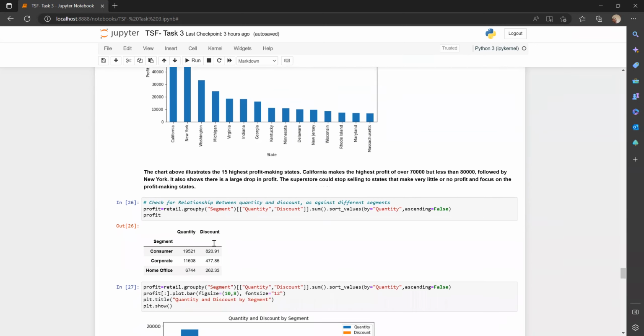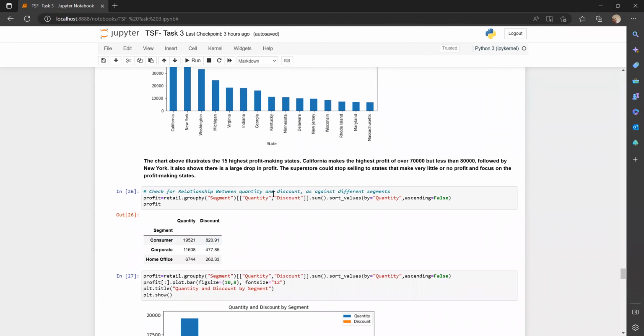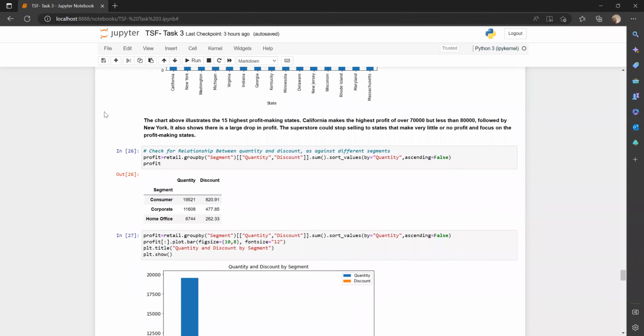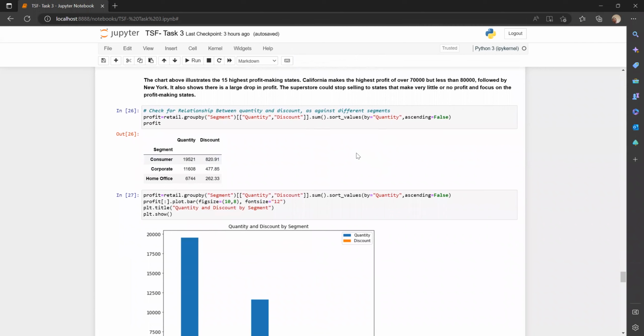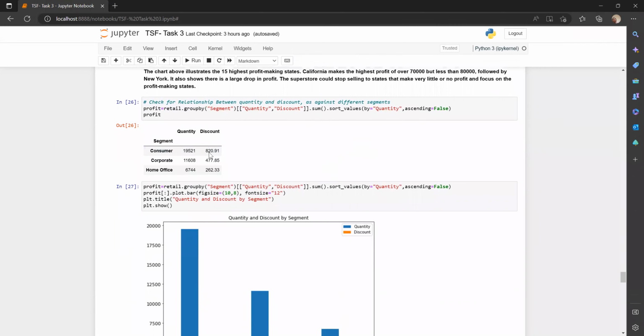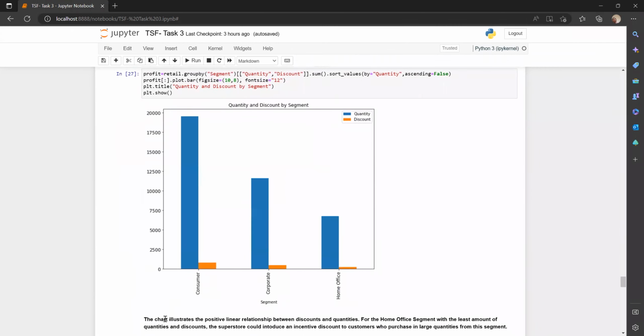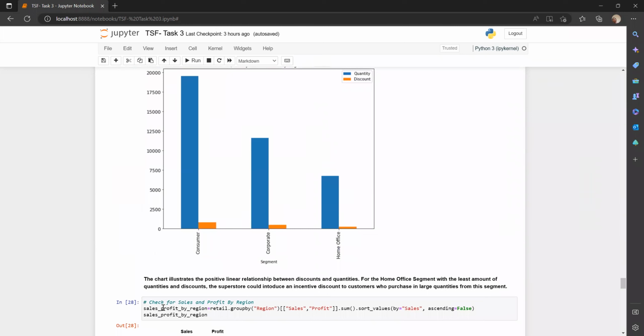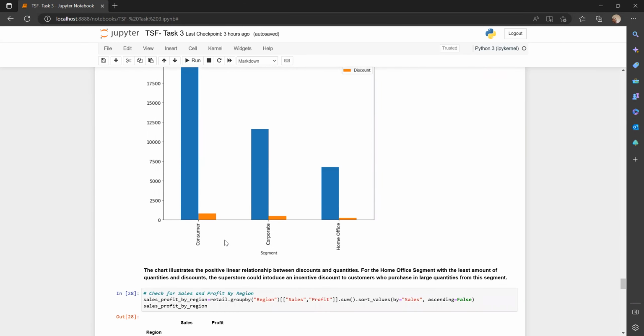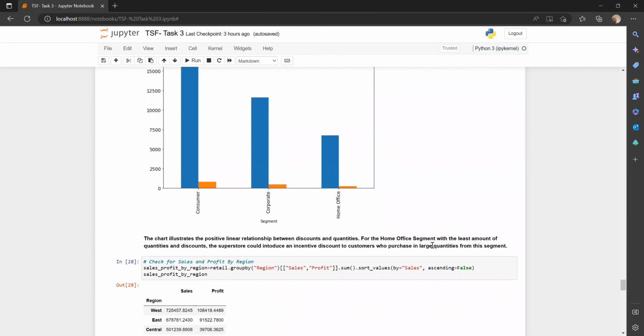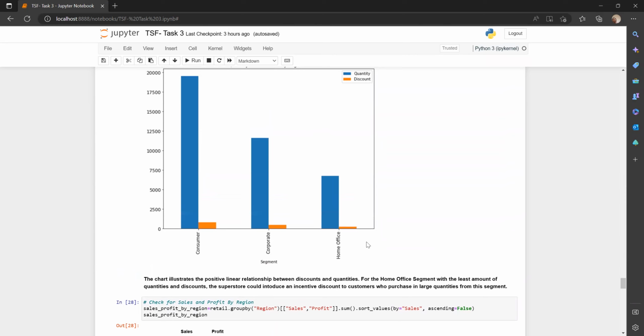So the next thing I did was to check for the relationship between quantity and discounts as against different segments. So from the clustered charts, we can see that there's a positive linear relationship between discount and quantities. And then the home office segment has the least amount of quantities and discounts.